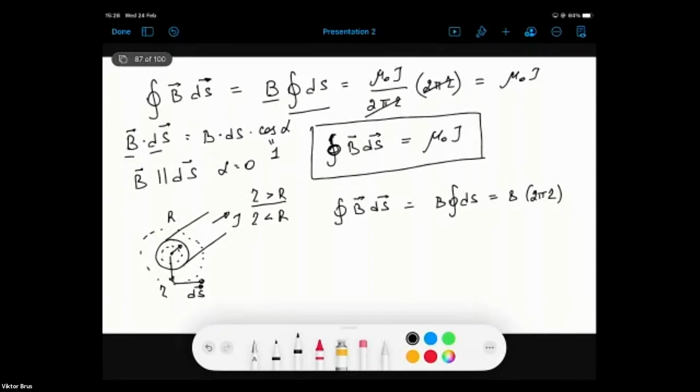And we know from Ampere's law that this should be equal to mu naught times I, as shown here.